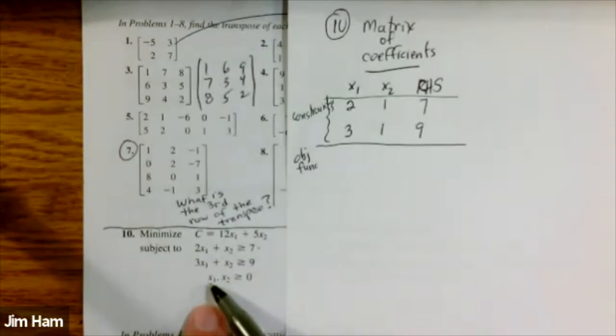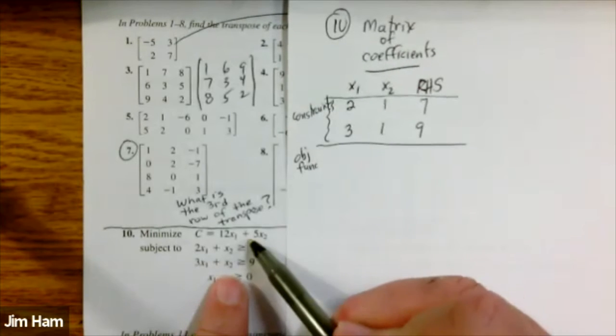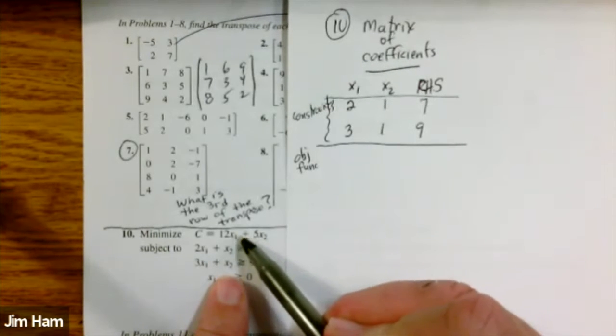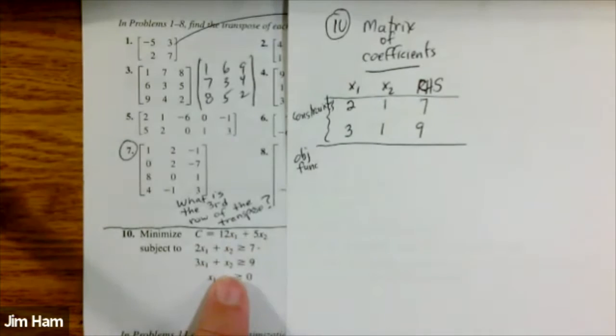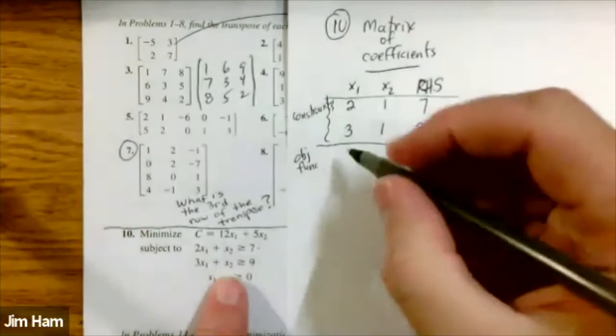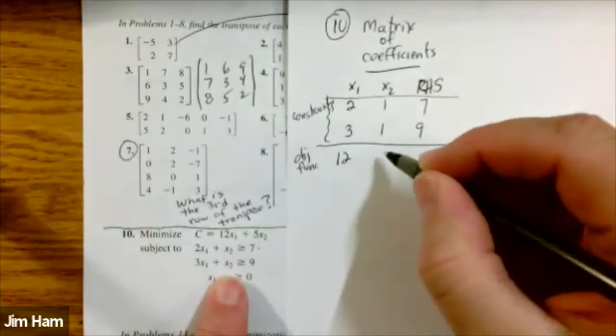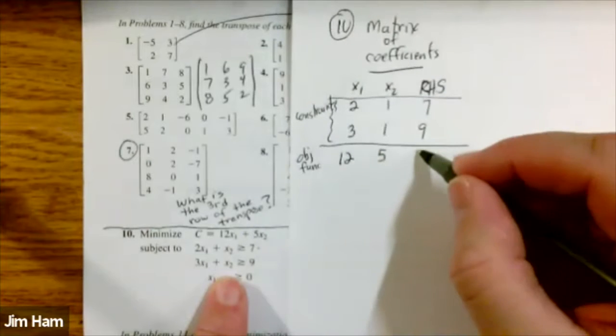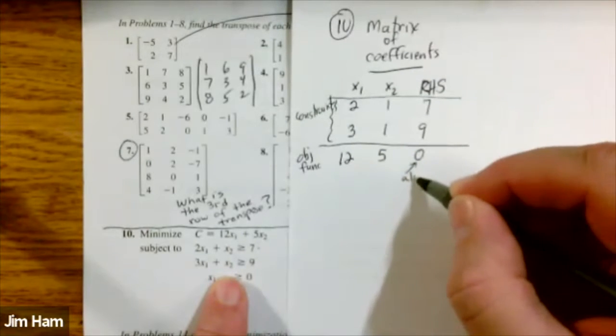We're going to ignore the basic constraints, or what we call the non-negative constraints in this book. And we're going to go back up into the coefficients of the objective function. 12 and 5, and we're always going to start with 0 here.